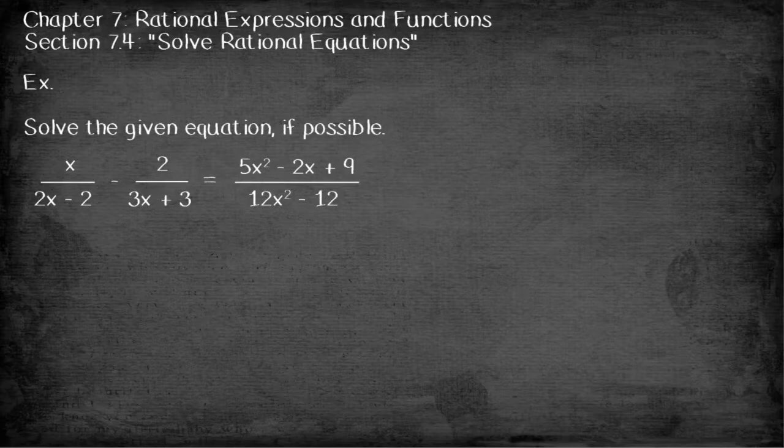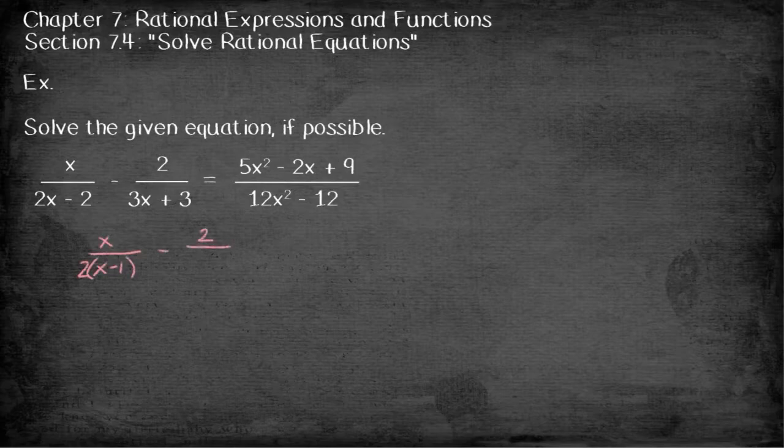All right, another equation. Let's remember, usually it's a good idea to factor things as much as possible when we're working with rational expressions. So this first guy, I know the denominator has a common factor of 2.